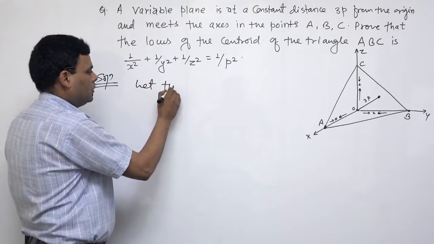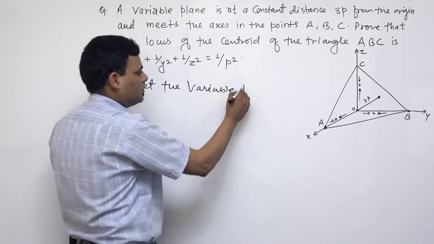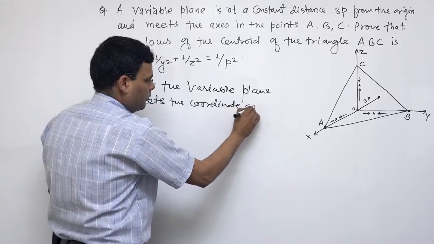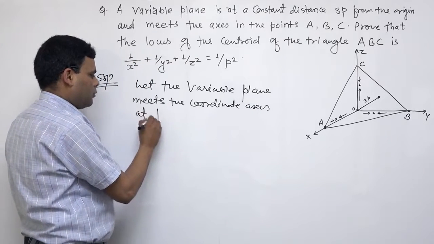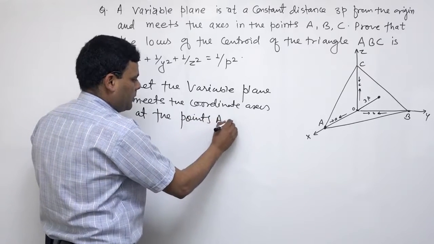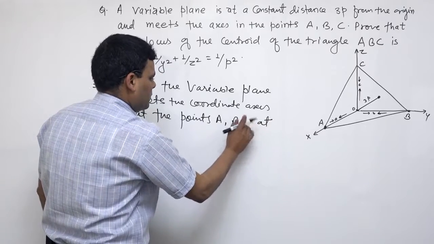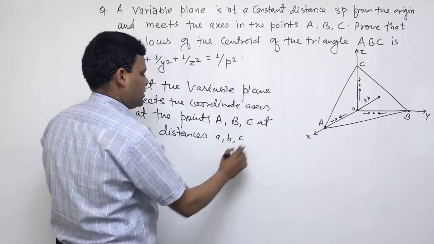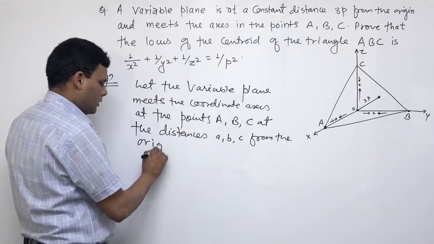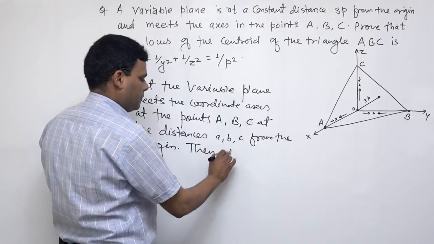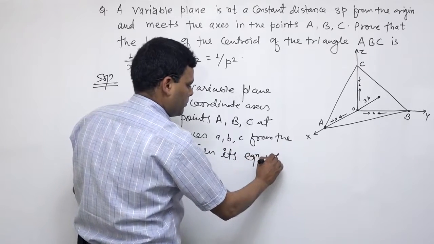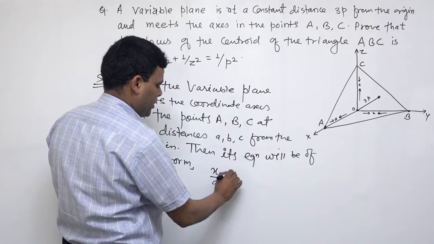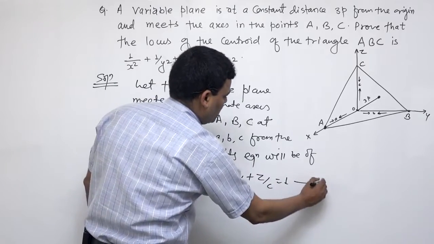Let the variable plane meet the coordinate axes at the points A, B, C at distances small a, small b, small c from the origin, then its equation will be of the form x by a plus y by b plus z by c equals 1. Let it be equation 1.